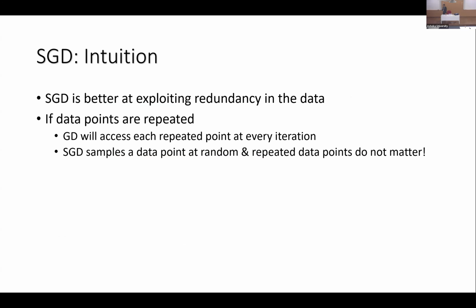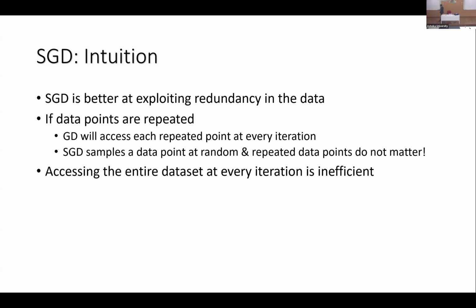I mean, SGD will not even see repeated data points because every point is being sampled at random. Right? So for example, if you repeat everything 10 times, then gradient descent will become worse, but SGD performance will remain the same. Right? So this is again demonstrating the fact that it is better at exploiting redundancy.